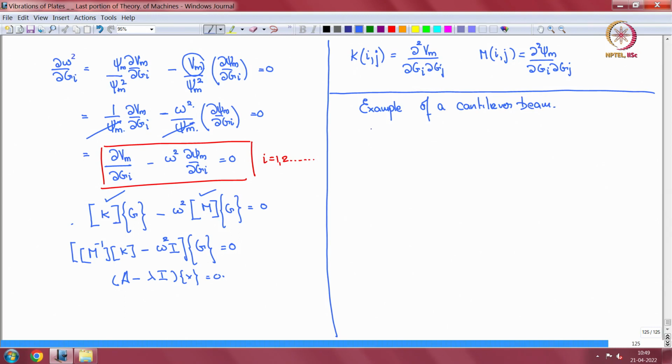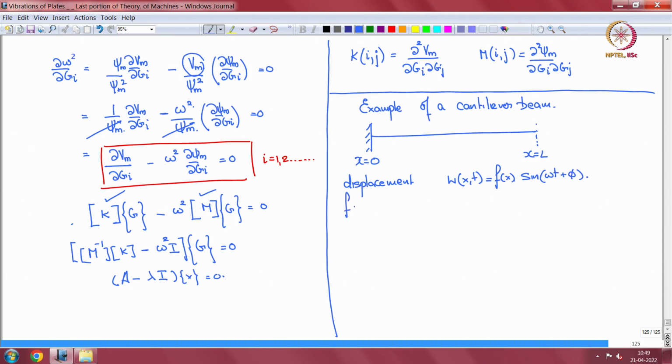This is my cantilever beam, x equal to 0, x equal to L. The displacement in a mode shape under free conditions, w of x comma t, is the mode shape times cos of the natural frequency, omega t plus phi.